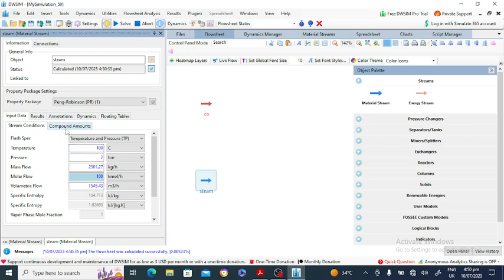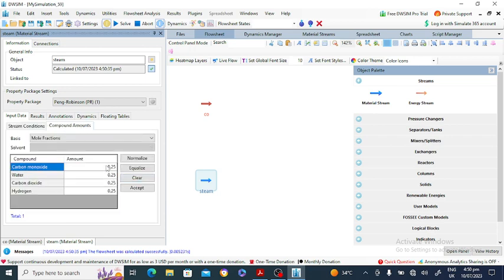It is pure steam, so water mole fraction is 1. Okay, you can accept.